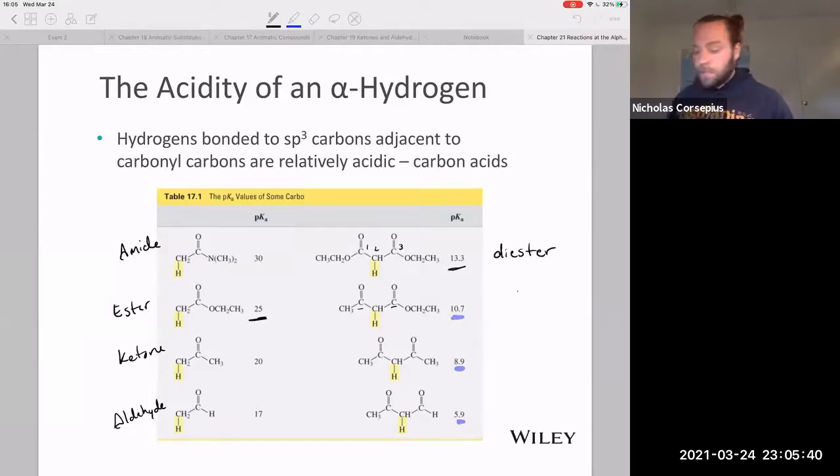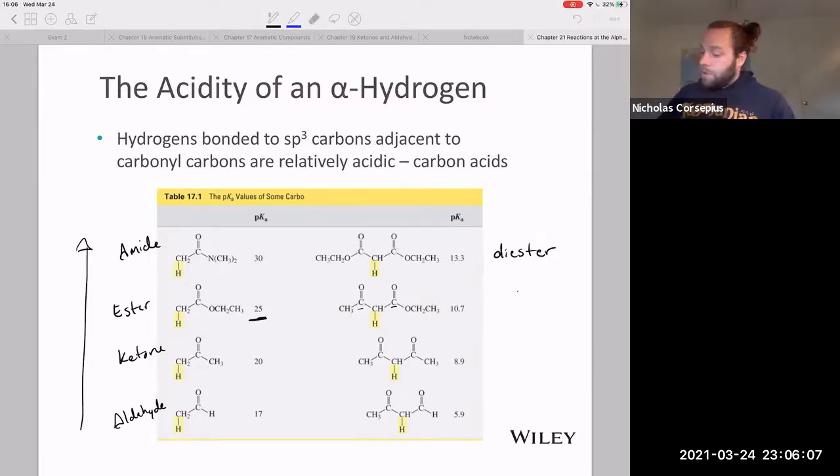Then if we get all the way down here, it's an aldehyde on one side and a ketone on the other side. That pKa is around 5. So now you're getting in the range of a carboxylic acid or something like that, something that is very readily donatable. Okay. The take home message here is, one, the trends that we see of increasing pKa among these groups that we've learned.